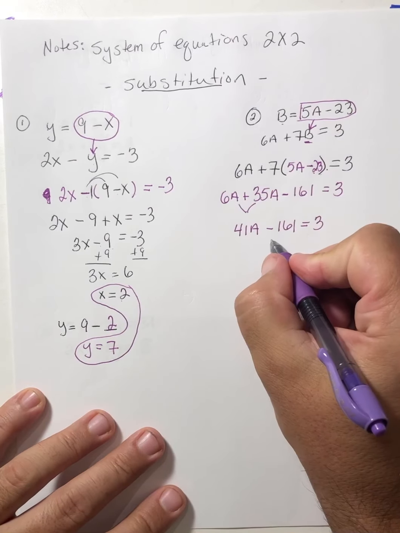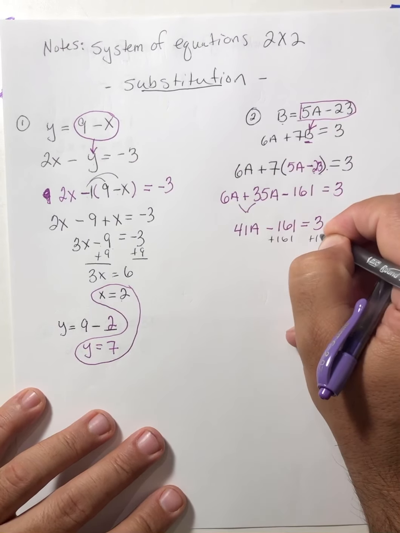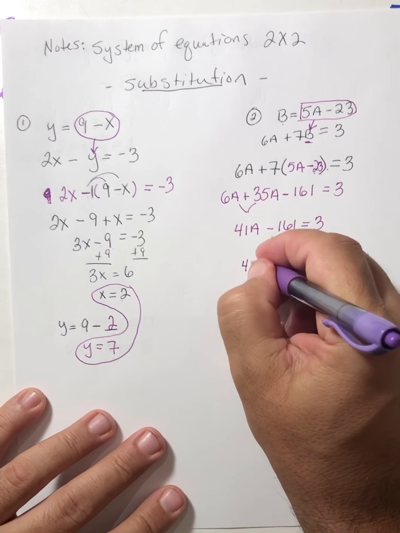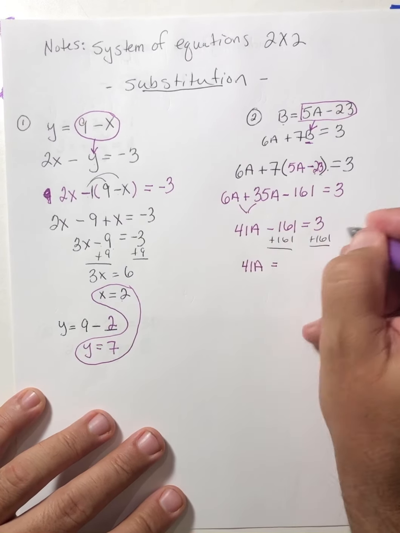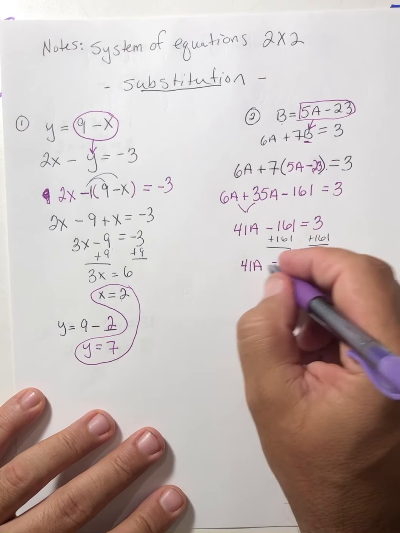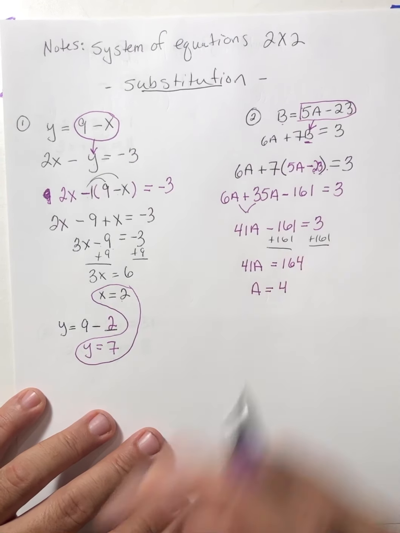Then I'll add 161 to both sides. Now I just have to divide. And when I divide by 41, a equals 4.